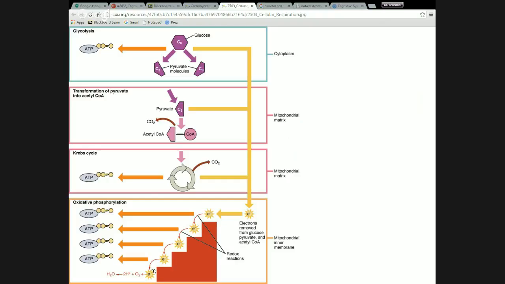At the end of the electron transport chain, the oxygen that's necessary for this to happen gets reduced so that it can combine with hydrogen ions and give us H2O.